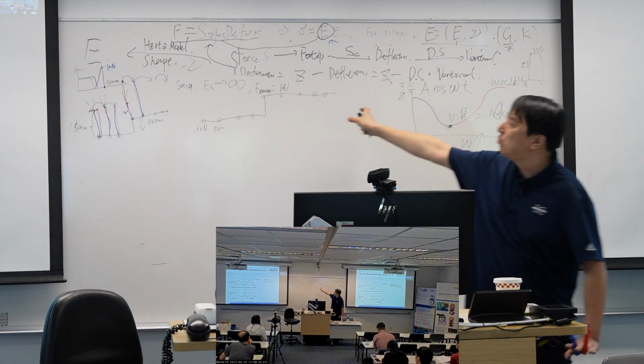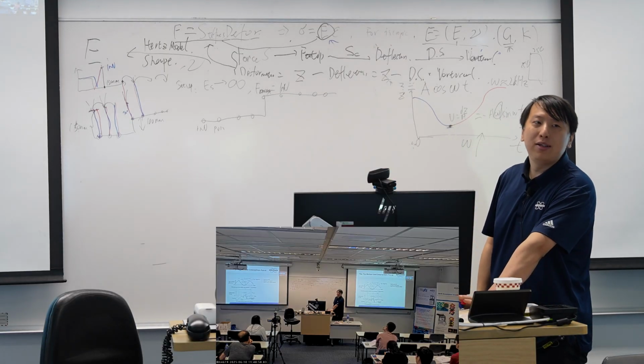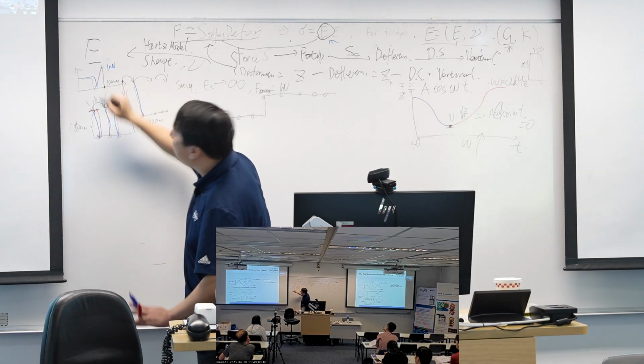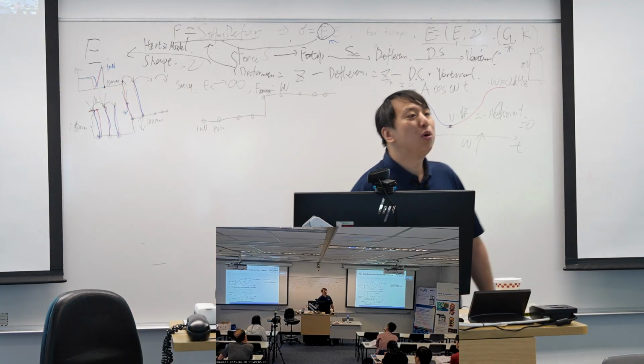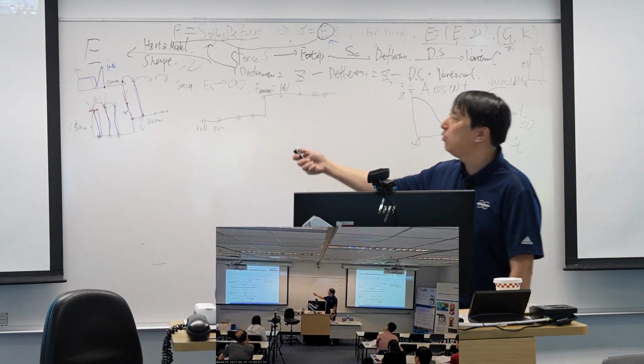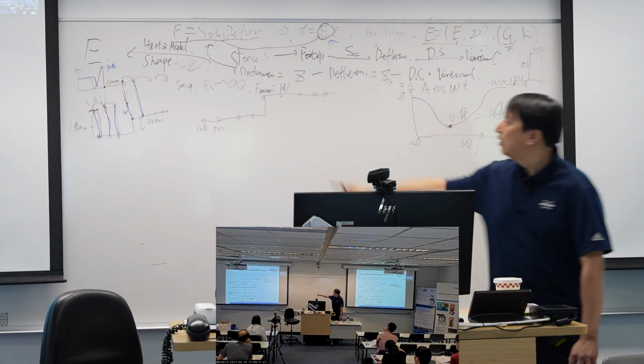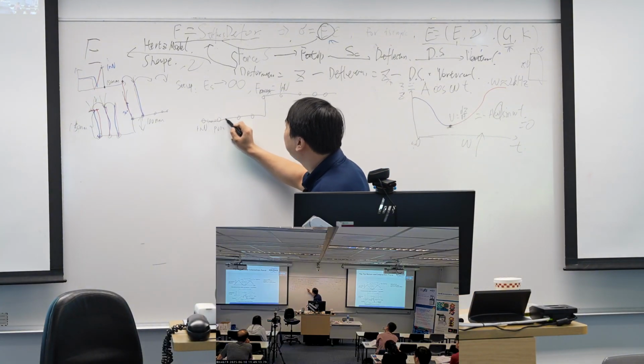If you want this morphology to be quite sensitive or high resolution, you can reduce this jump distance to as small as you can. If you jump just, say, 0.1 nanometer, the resolution will be quite high.